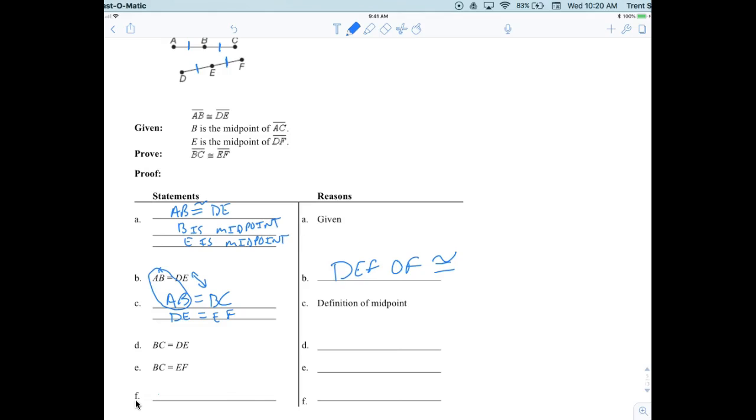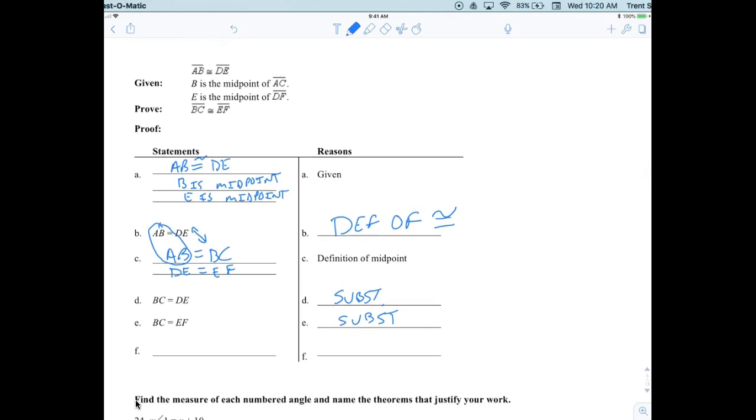That is right, substitution. If you put transitive property, I'm not going to argue. Why is BC equal to EF? Substitution. Therefore, BC is congruent to EF by definition of. Come on, guys. Hopefully you get a little better at that now.